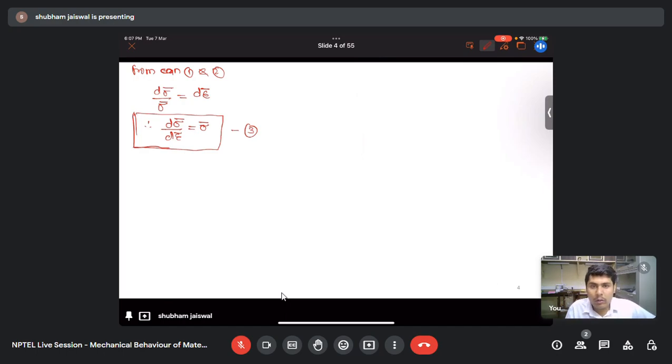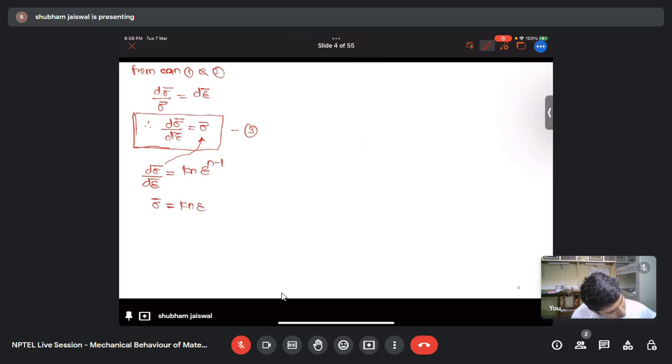Now if we want to find out the value of the work hardening exponent n, how can we calculate it? Let's say this is our d sigma upon d epsilon. It should be equal to K n epsilon to the power n minus 1. And d sigma upon d epsilon is nothing but sigma bar.